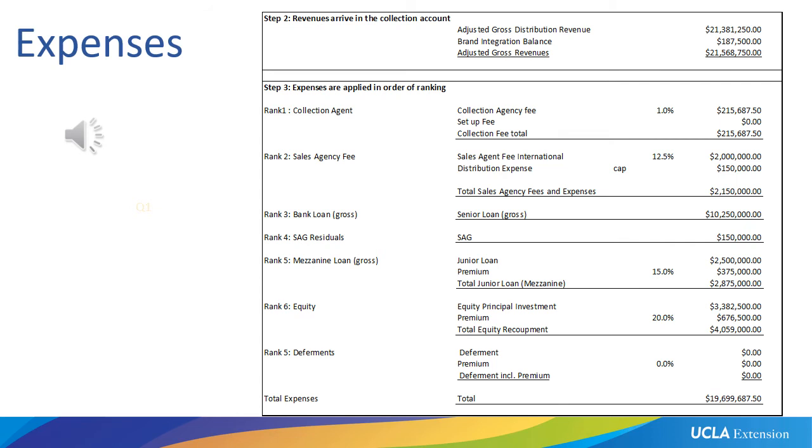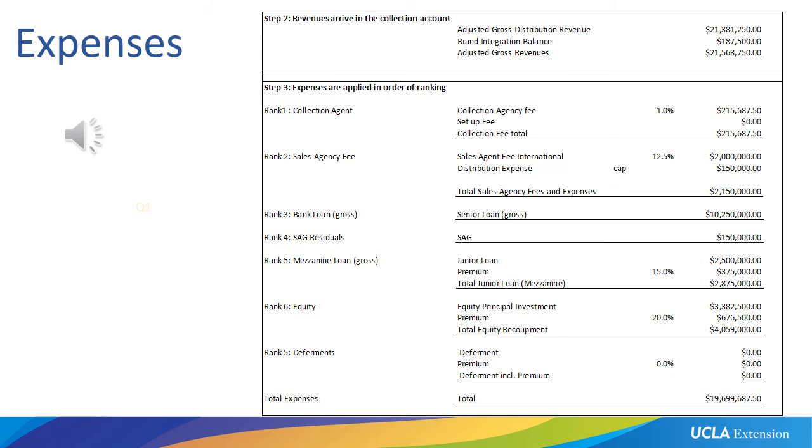Next in line is our sales agent. The sales agent is charging us 12.5% of 16 million, not 17,500,000, because we already paid him on 1,500,000 down payment. So all we're paying him is 12.5% of the international revenues of $16 million. We're not paying him on the domestic deal.